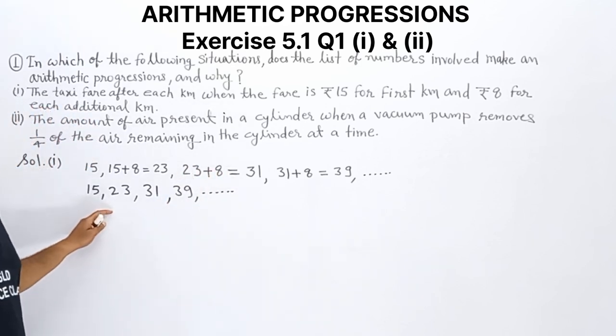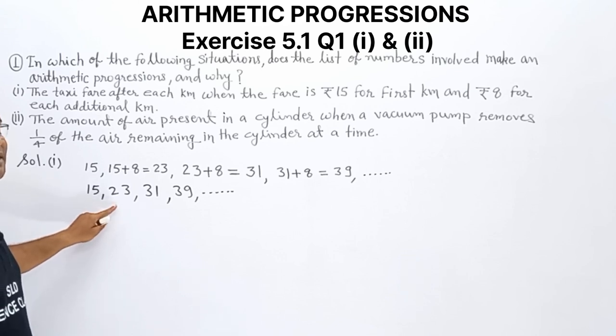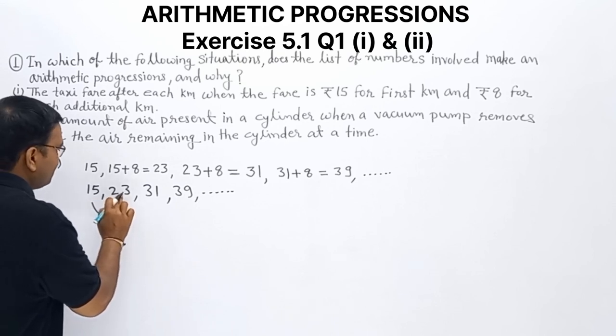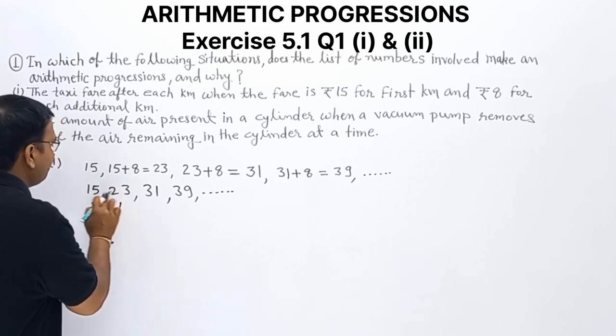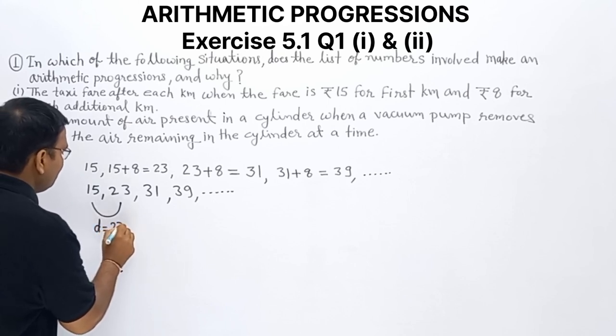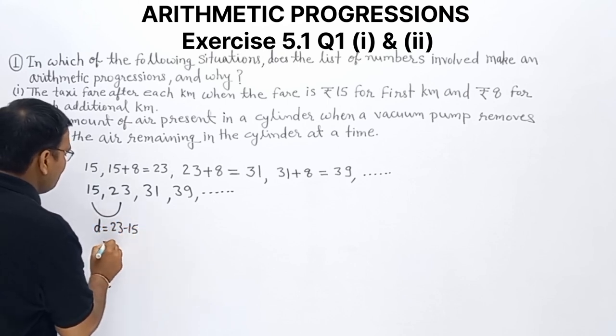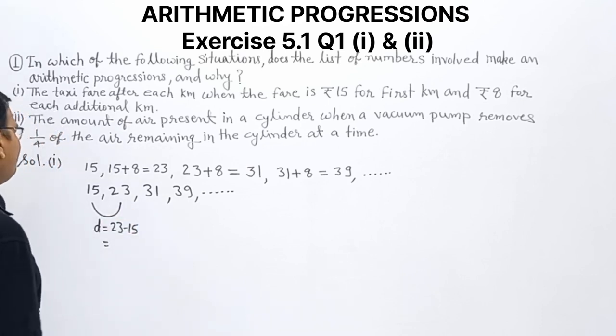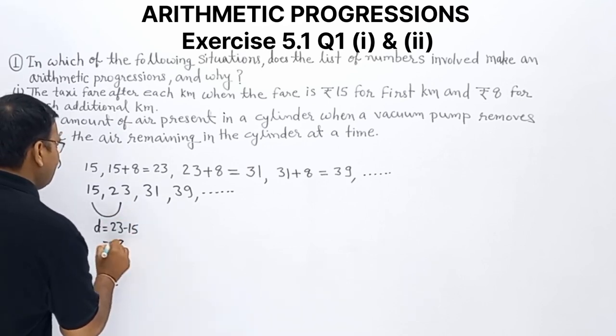This is the sequence. We want to check whether this is an AP or not. How will we check this? We subtract the first term from the second term, and then we get the common difference. 23 minus 15, what do we get? 8.